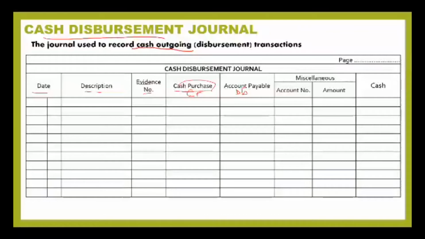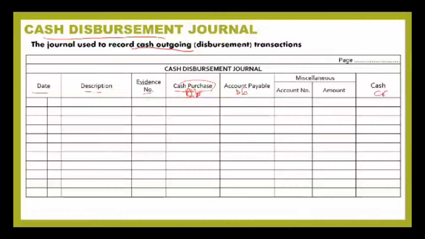So if we bought it in cash, the cash purchase should be the debit here, and then the credit should be the cash. So it is for the cash outgoing. You have to pay something, the cash must be the credit, and then the purchase must be the debit.